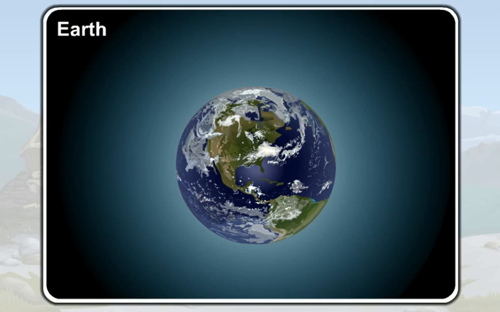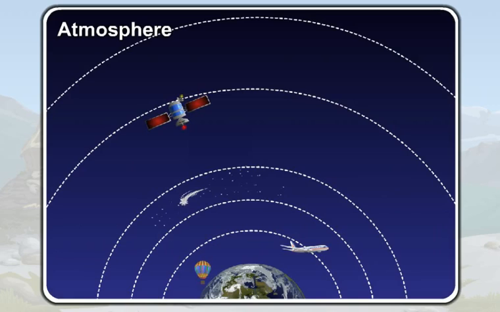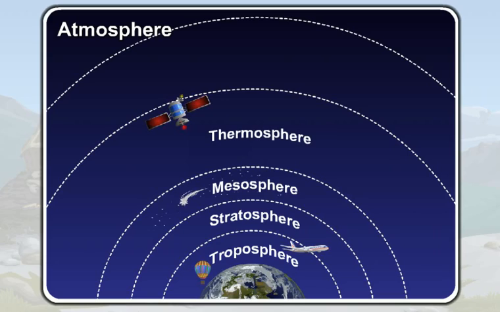Depending on the air pressure and the temperature, we can divide the atmosphere into many layers. There are the troposphere, the stratosphere, the mesosphere, the thermosphere, and the exosphere.